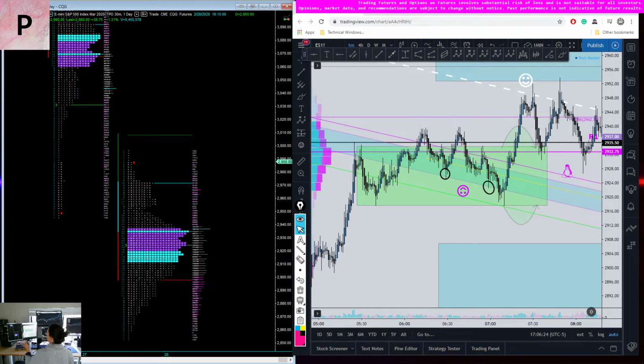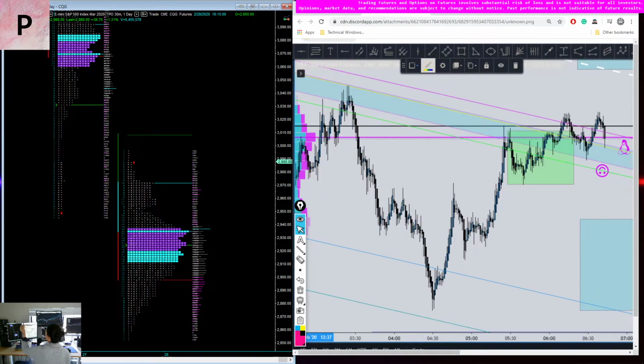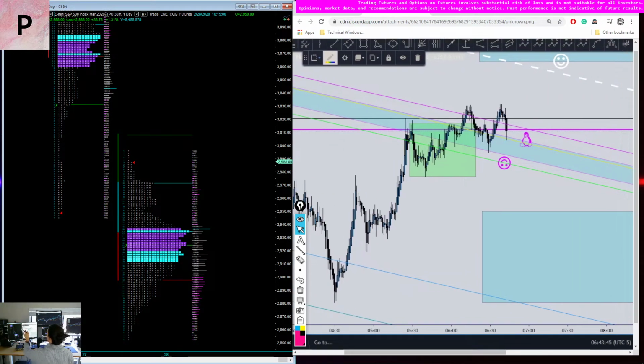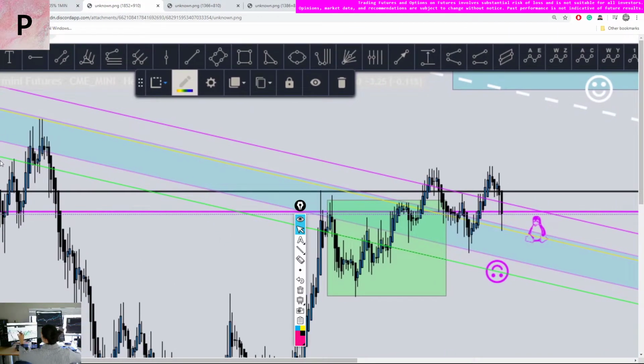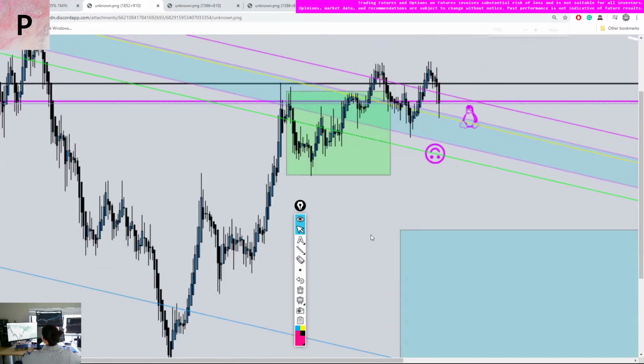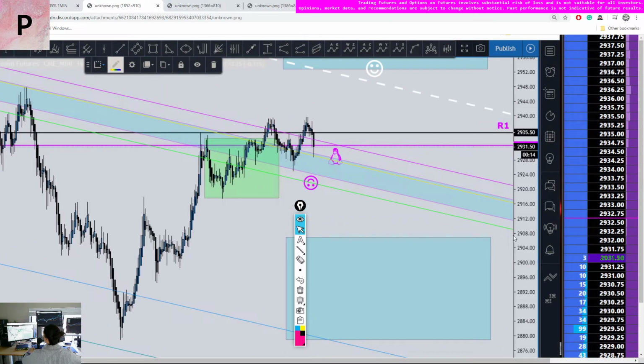So this morning on the S&P 500, we had this price action going on during the morning session, and let me zoom out here a little bit if possible. There we go. Okay, so you can see here that I had a penguin living right here between the 29.28 and 29.31 level.